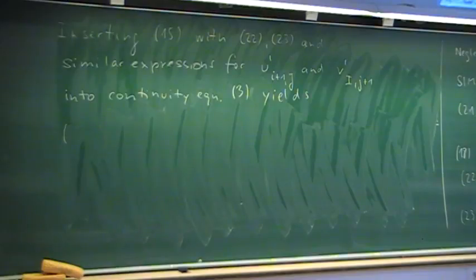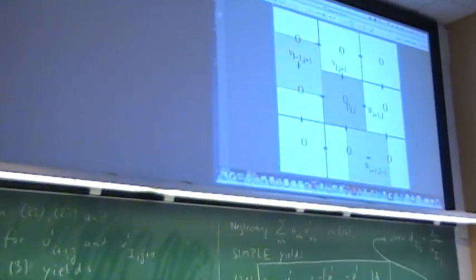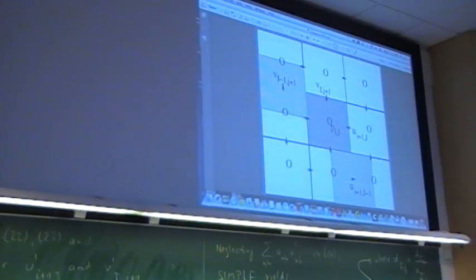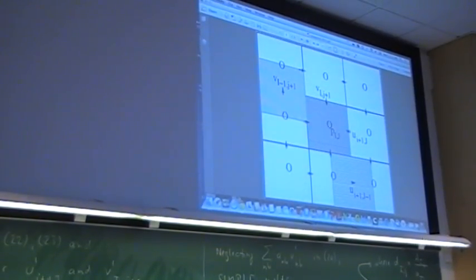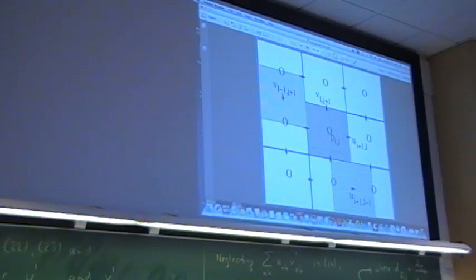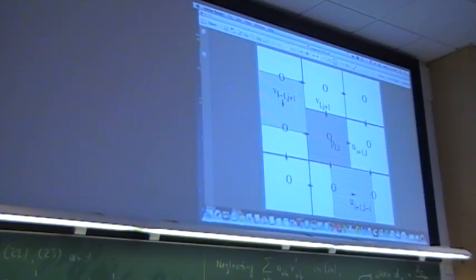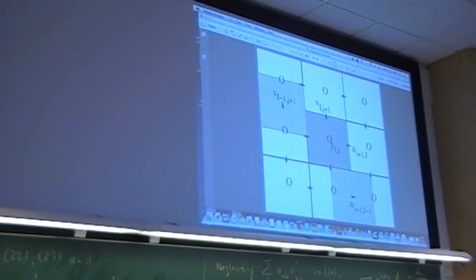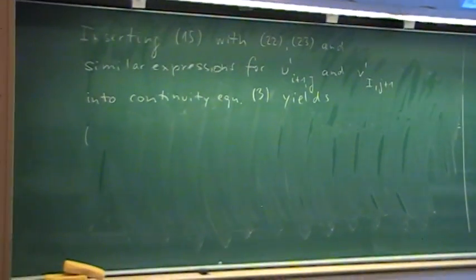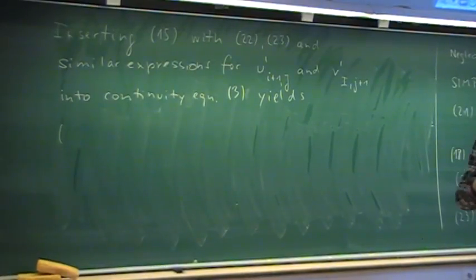Because we are now considering the center control volume, where we have P in the center, and here our velocity u i plus 1 j. There we compute the mass flux through that boundary, and then we subtract the mass flux at the western boundary, add the northern mass flux, subtract the southern mass flux. And that is what we do now. And this net mass flux then should be 0. That is the continuity equation.